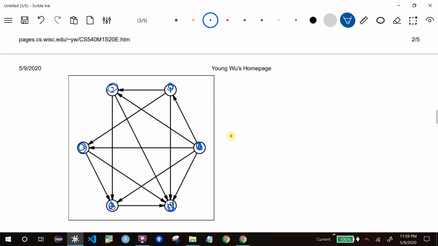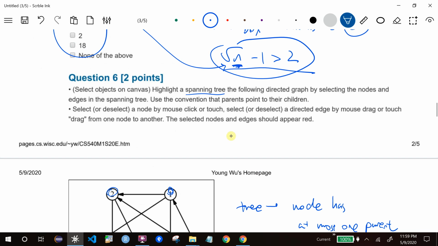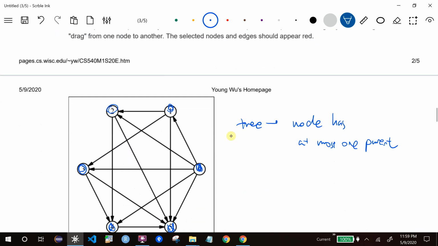And a tree, what I mean by a tree is each node has at most one parent. And I think we're using the convention that parents point to their children.